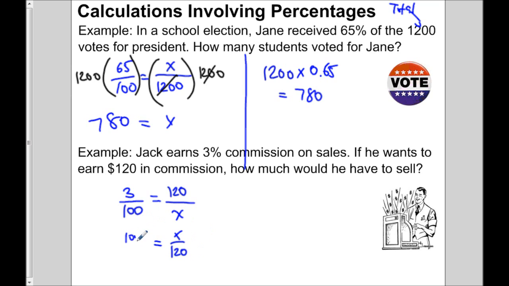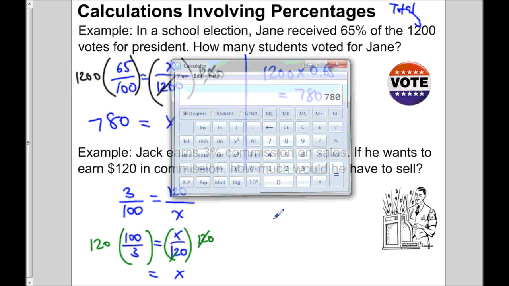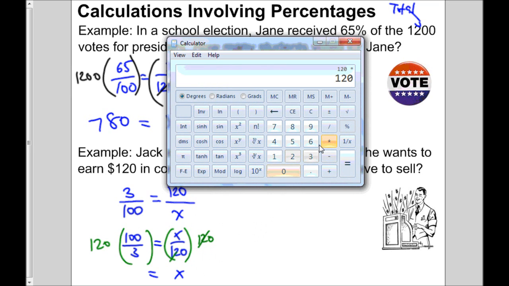That means we have to flip this one. Afterwards, we multiply both sides, right, by 120 to get x. Okay. So x is equal to, and we do 120 times 100 divided by 3. Okay, so that's 4,000.